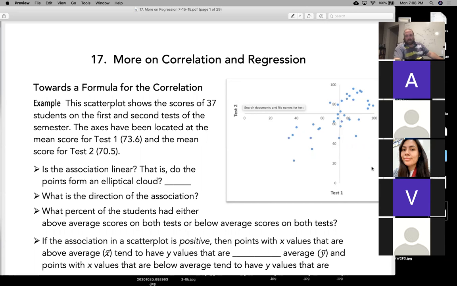But anywho, we're back on correlation and regression, and let's just recap what we've done so far. Correlation is when you believe that two quantitative variables have some sort of connection between them, where one will have some influence on the other, or perhaps not even influence.